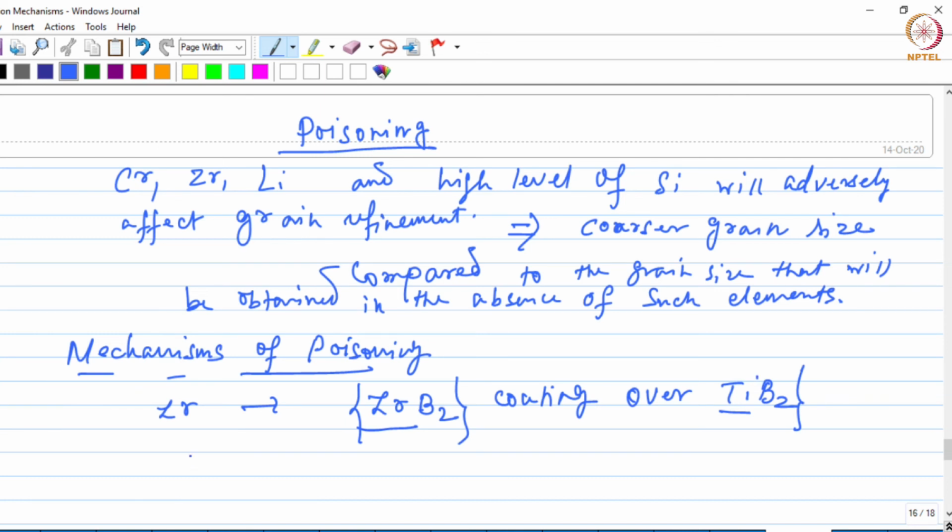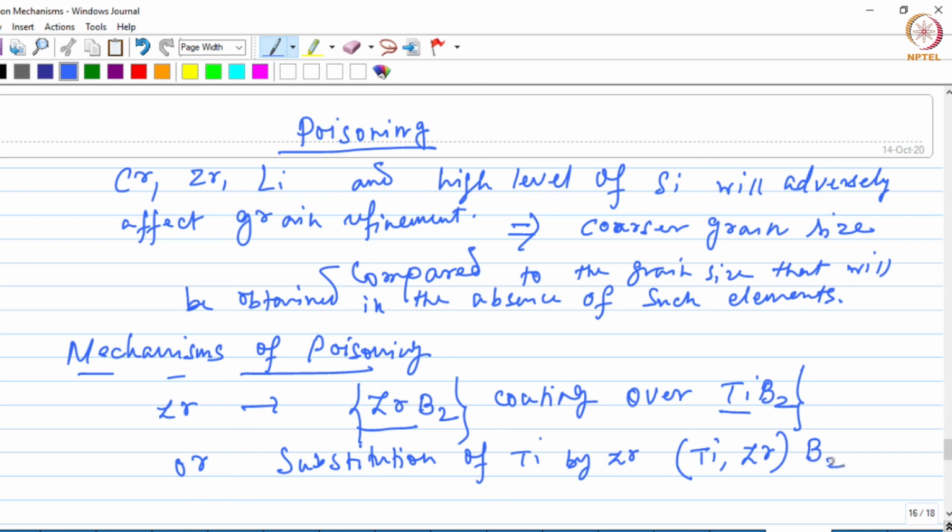Okay, or it can also occur by some other mechanism. For example, substitution of titanium by zirconium. So here instead of TiB2, you will have both titanium and zirconium because some amount of titanium will be replaced by zirconium.